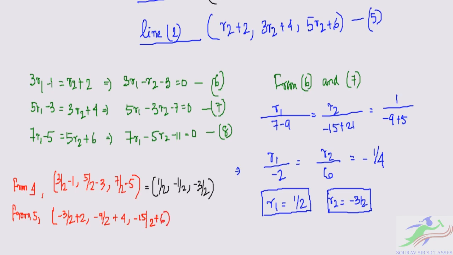Simply solving this, it will be half, minus half, and minus 3 by 2, right? So here you can see the intersection point is the same.